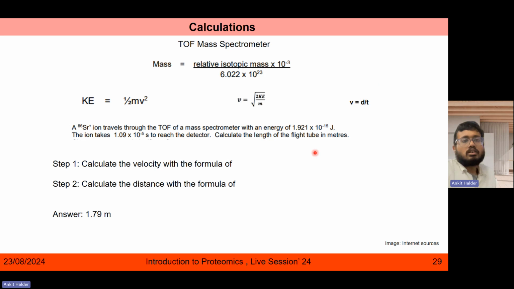You just need to be careful in looking at the particular units of the kinetic energy and the distances. And you're done with it. You can then find the final value which you will take forward for calculating the length of the distance.